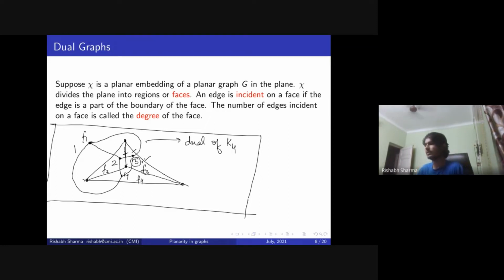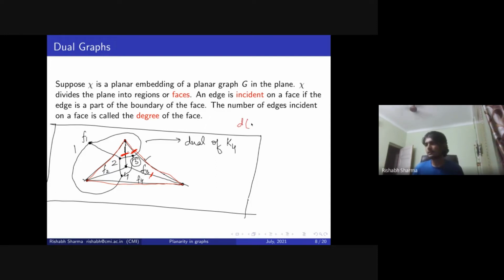So for face number 3 over here, we see that this edge, and this edge are all bounding the face number 3. So I say that these edges form the boundary of face number 3, and similarly for face number 1, I get that these 3 edges on the outside are its boundary, right? And the number of edges in the boundary of a face is called the degree of the face.